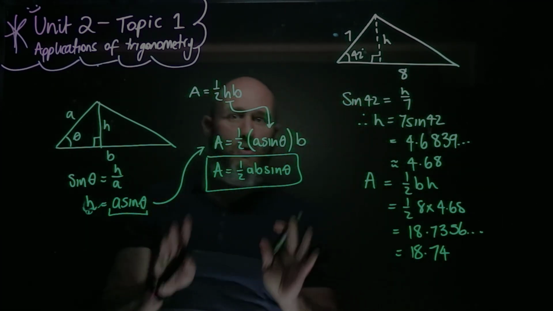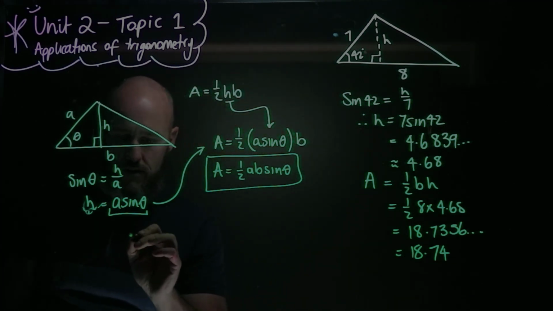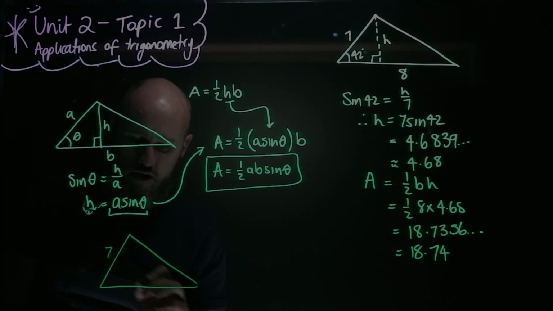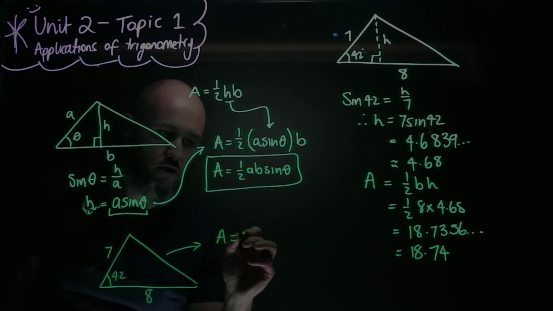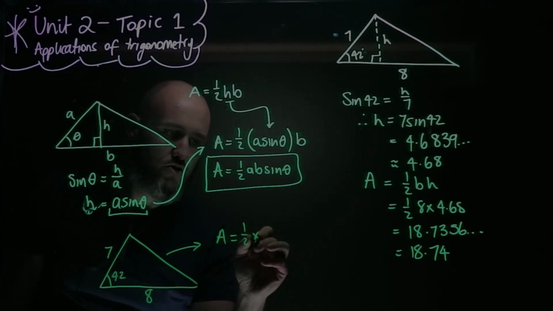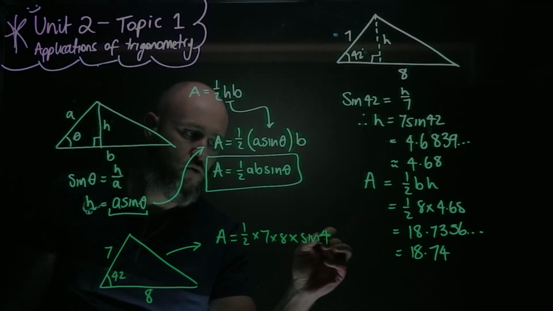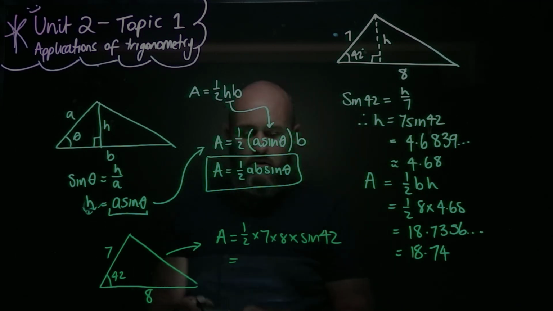So, the most important learning from this video is if I take this question and redo it. So here it is, 7, 8, 42. I can just say that the area is equal to 1/2 times 7 times 8 times sine 42, and put that in my calculator.